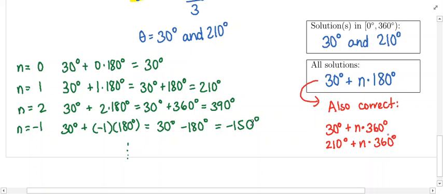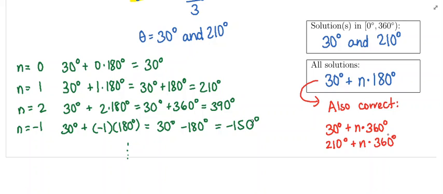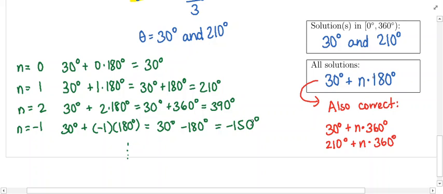Then that second statement is going to catch everything coterminal with 210. But if you wrote the blue statement instead, the 180, it catches everything, but you only need one statement here, because it will also catch anything coterminal with 210. So if you use the blue statement, it's correct. If you use the two red statements, it's correct.